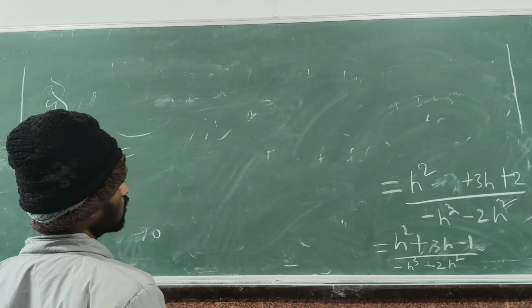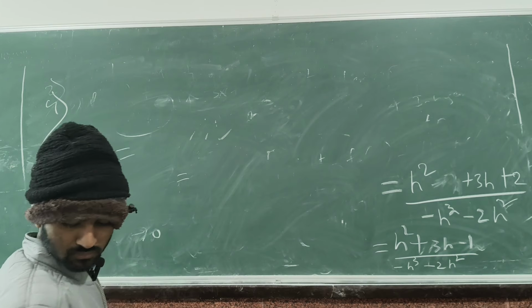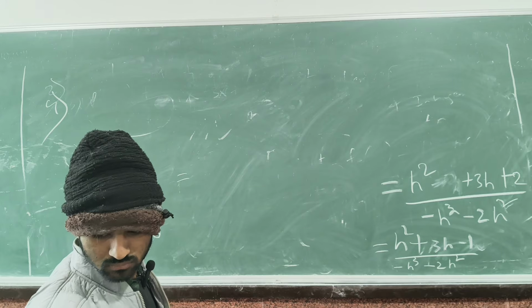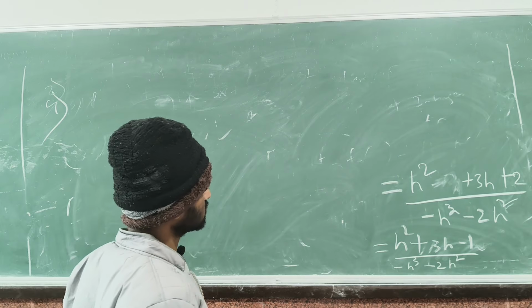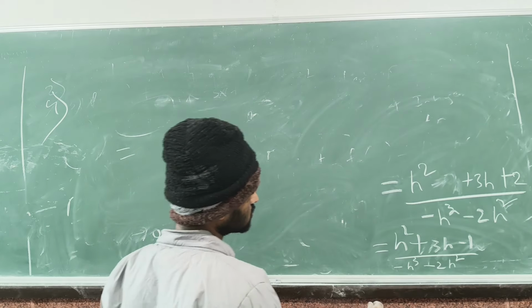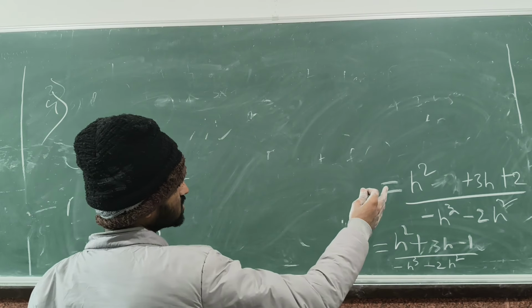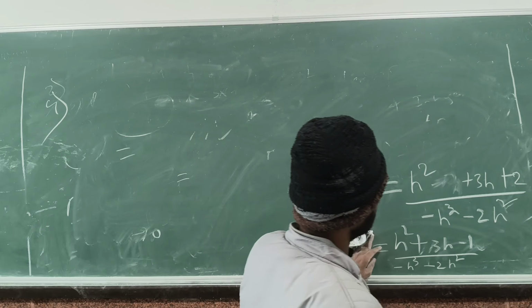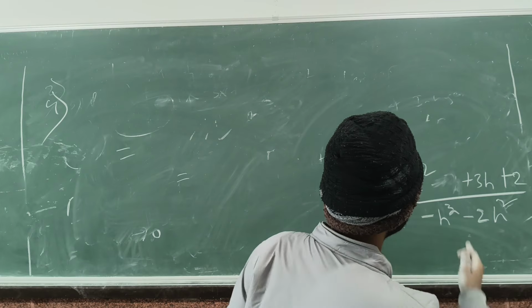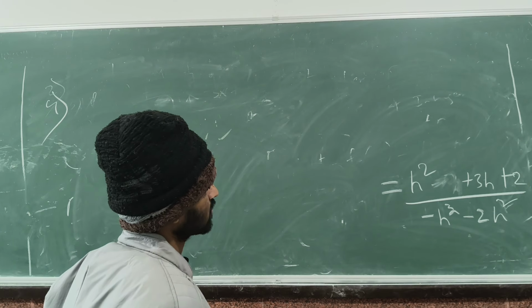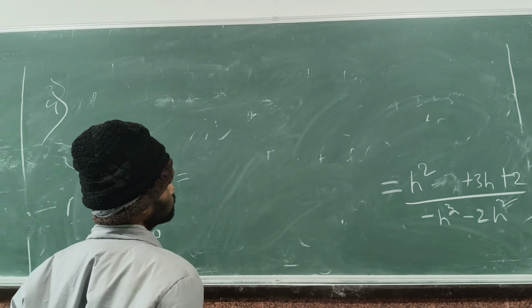So h square plus 3h plus 2, this is our requirement, as h tends to 0.